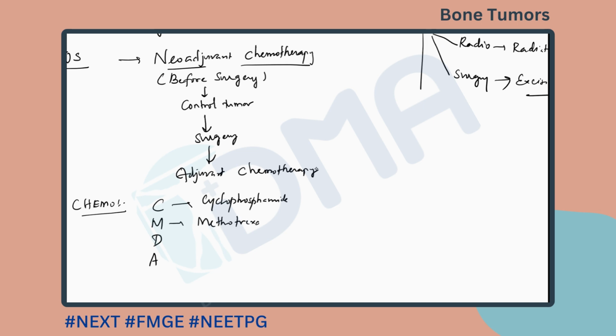D stands for doxorubicin. A stands for actinomycin. So these are various drugs which are used in the treatment of osteosarcoma. Since we use drugs to treat, the treatment is called chemotherapy. If you give chemotherapy before surgery, it is called neoadjuvant chemotherapy. If you give chemotherapy after surgery, it is called adjuvant chemotherapy.